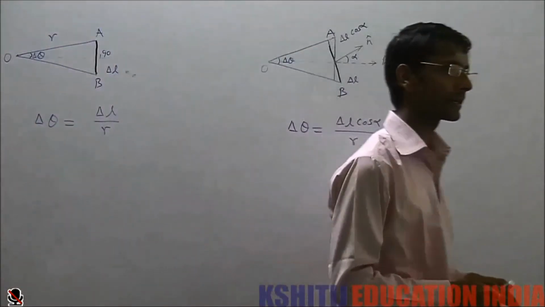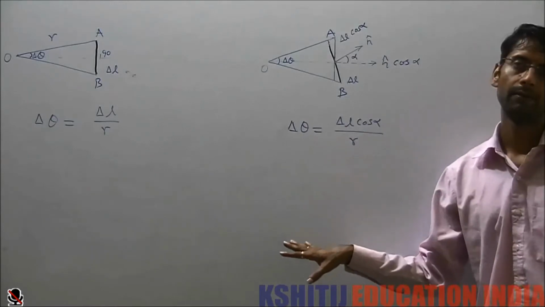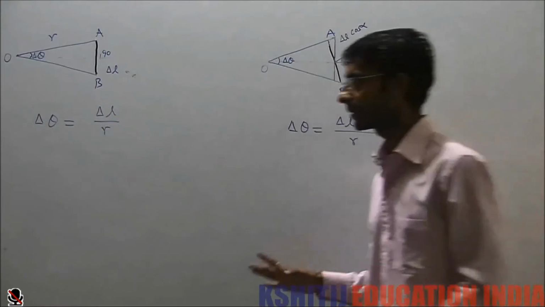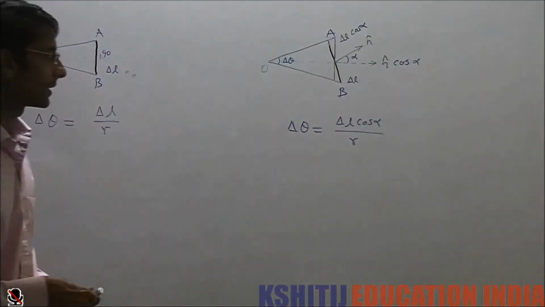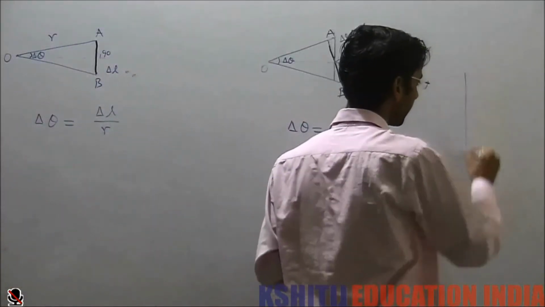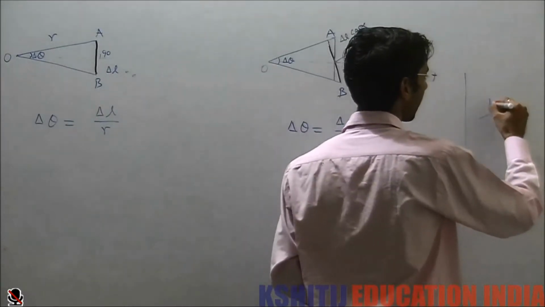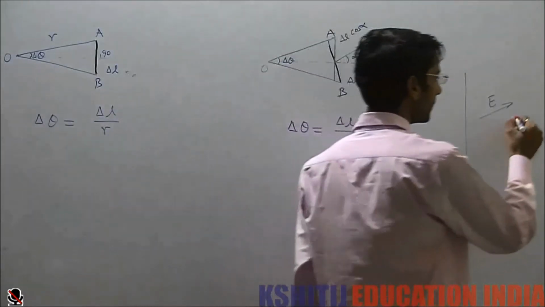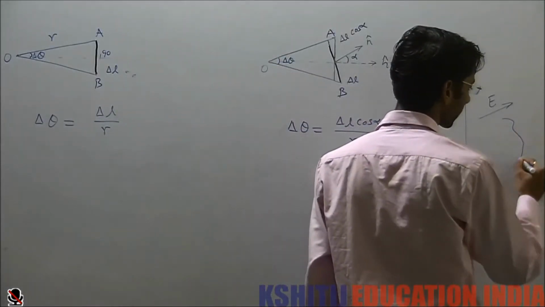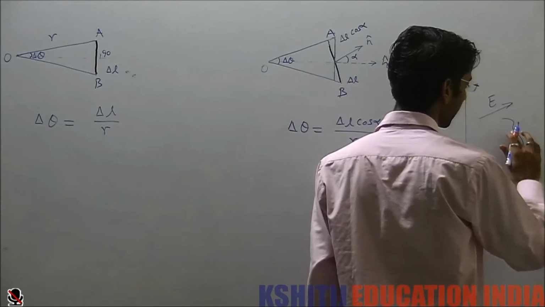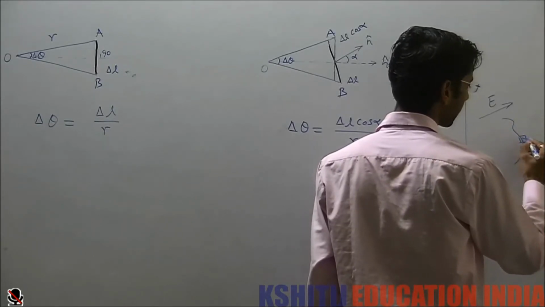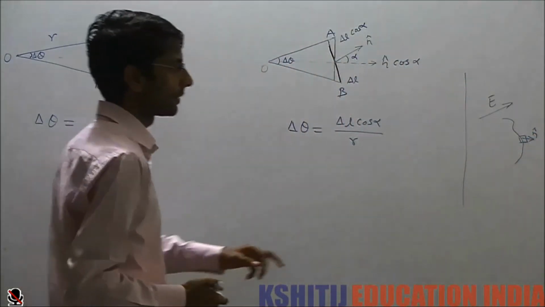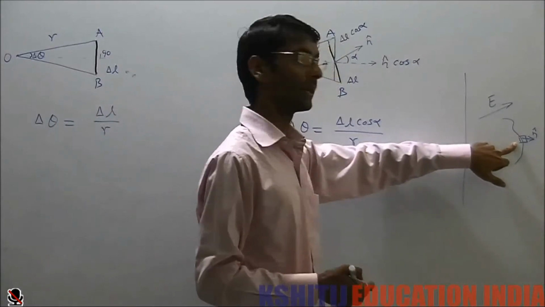Now similar kind of thing we have to extend for solid angle. There also we will have this kind of scenario. Why are we doing all these things? Let me give you a certain idea. Sometimes the electric field direction is known to us in certain directions, and we can have the direction of this surface in another direction.